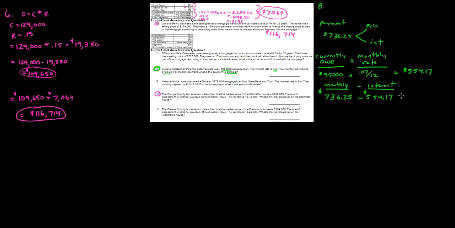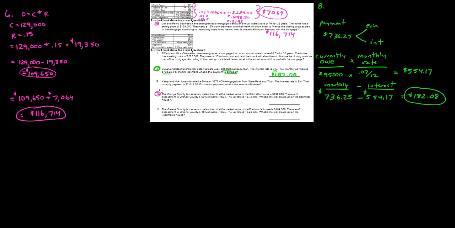That's where I get these numbers, and that's going to give me the amount that is in principal. And so the principal amount that is reduced this month is $182.08. That's our answer for number 8. $182.08 is how much our principal went down.